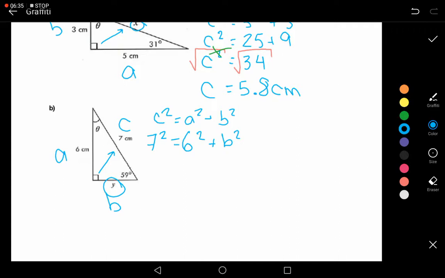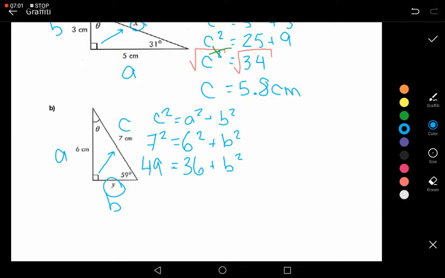Okay, next step, simplify this. So on your calculator, if you need to, 7 to the power of 2, or 7 times 7, which is 49. And 6 times 6, or 6 to the power of 2, 36, plus b squared. When we're trying to solve an equation, our goal is to get our variable all by itself.